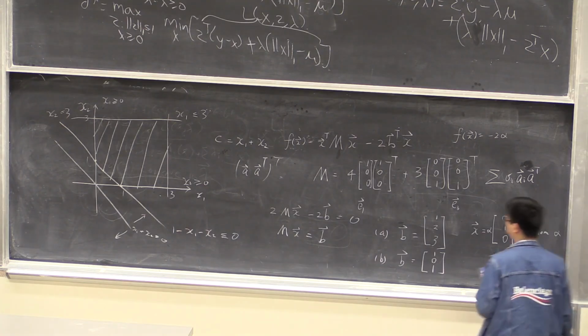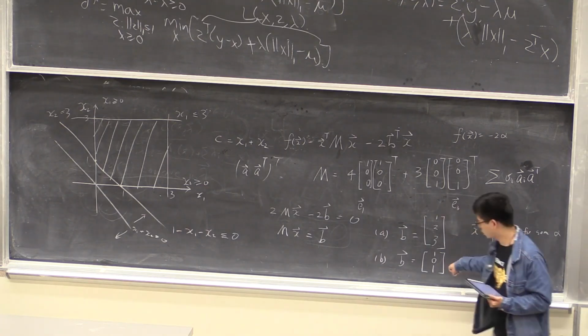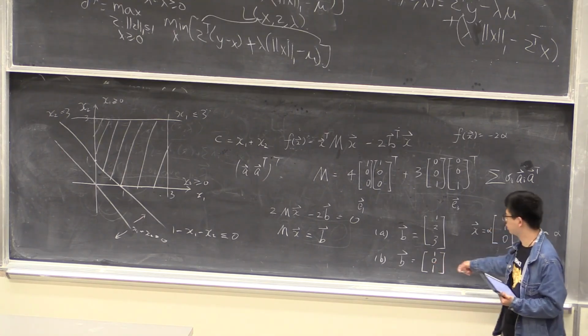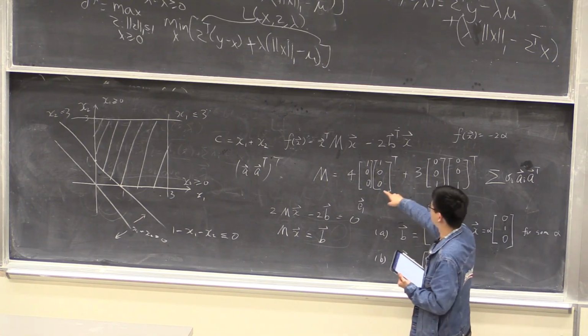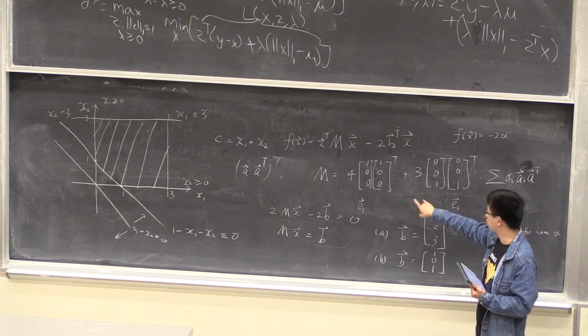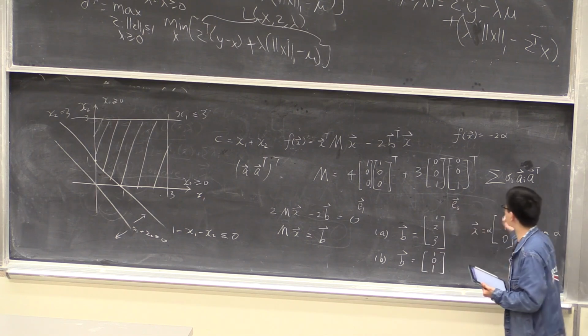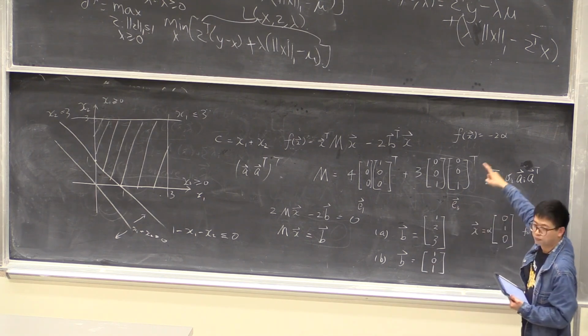Okay, so for the second problem, B is 1, 0, 1, this vector. And this is within the span of M, right? So in this case, it's no longer minus infinity.